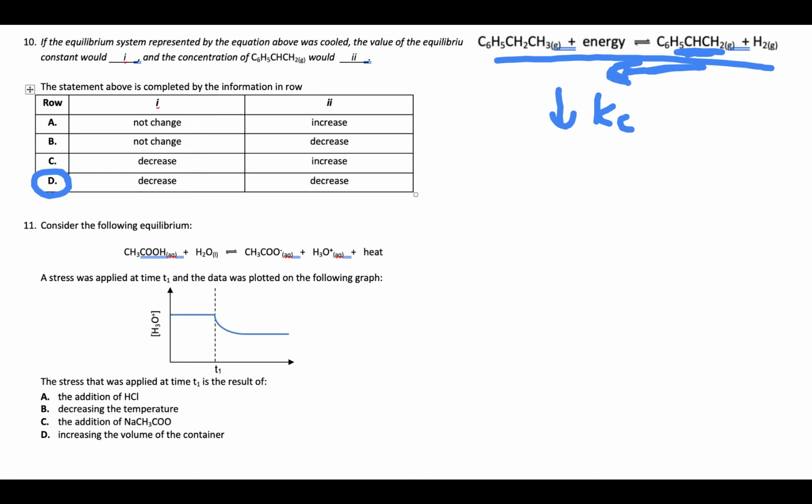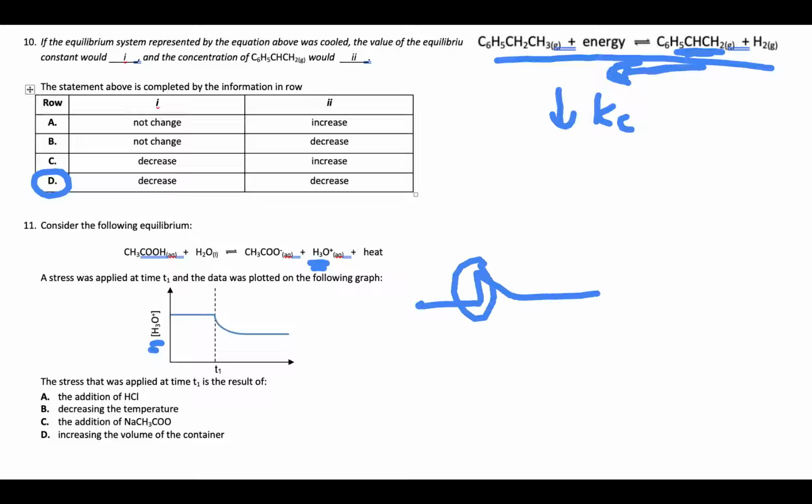Number 11 is giving us a graph, and it is showing the concentration of that H3O positive ion changing, and it's slowly being used up. Asking about the stress of what's happening at time t, it's definitely not an addition of HCl because that would directly add that to the system, and instead of seeing that gradual line, you would see a spike and then it being used up.